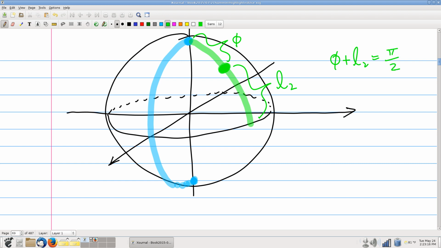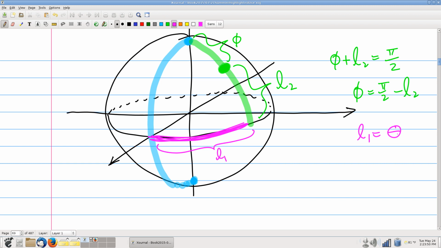Or said differently, phi is pi over 2 minus L2. By the way, we already noted this, but I didn't write it down, so I'm going to use purple to represent L1, and L1 is equal to theta. Okay, everybody happy so far?